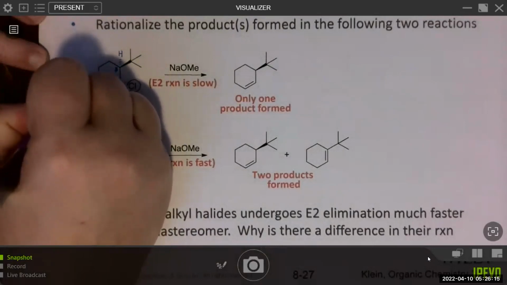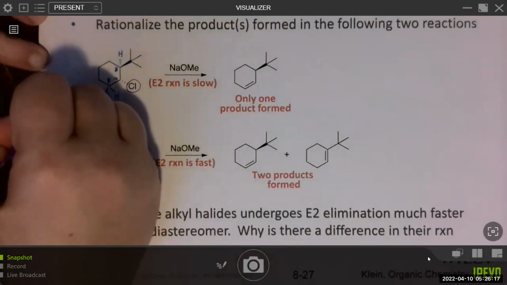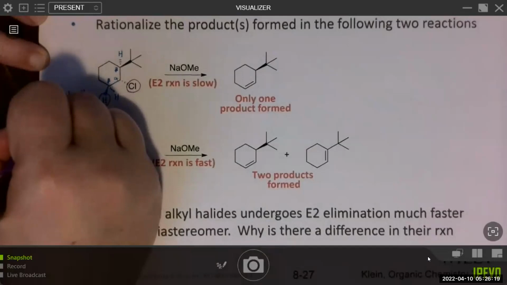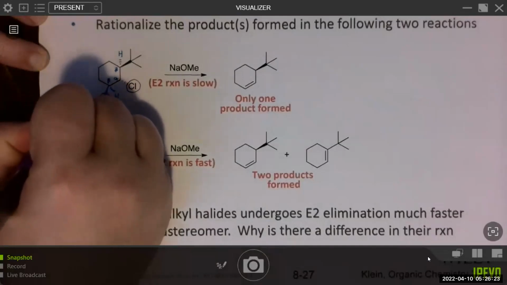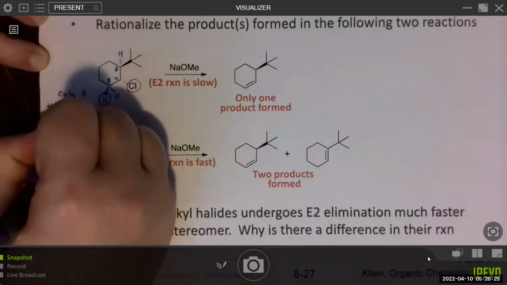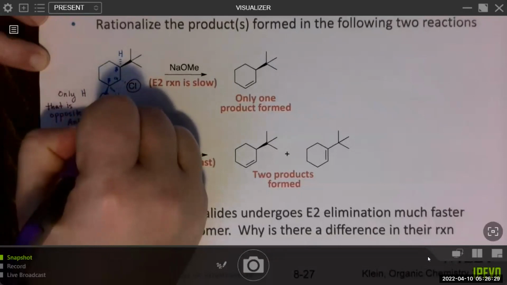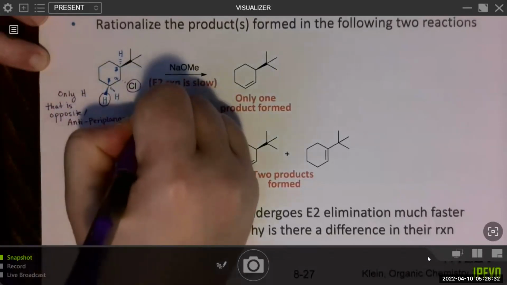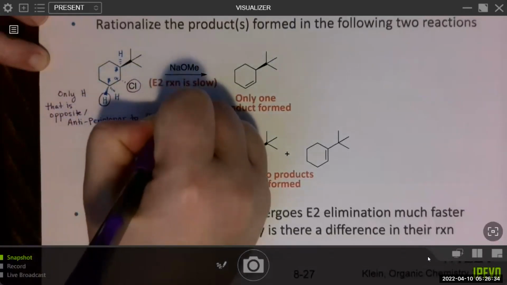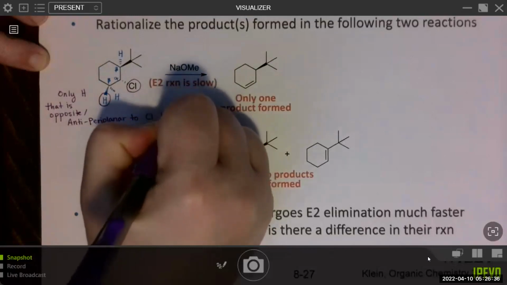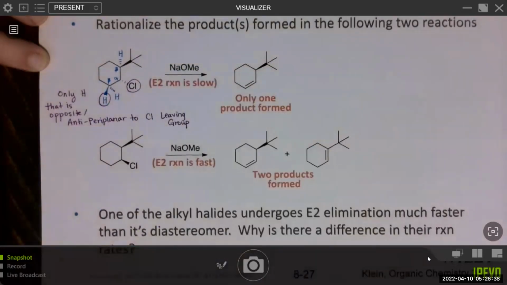This is the only hydrogen that is opposite, anti-periplanar to the chlorine leaving group, which is why there's only one product.